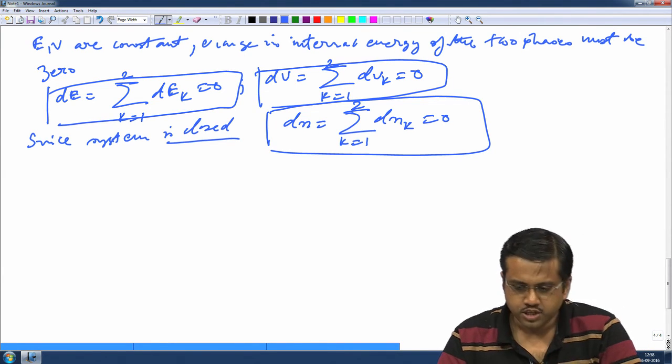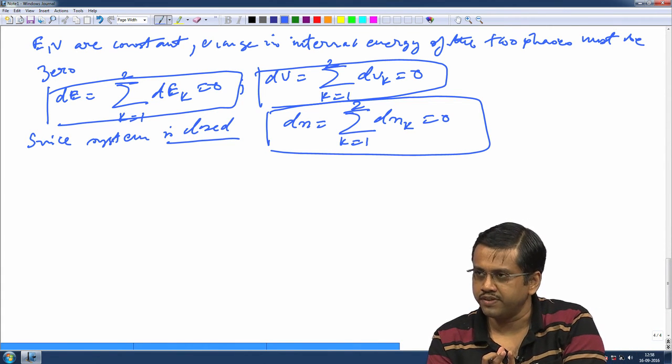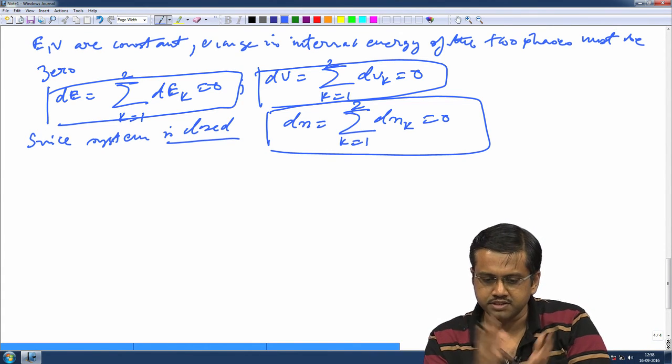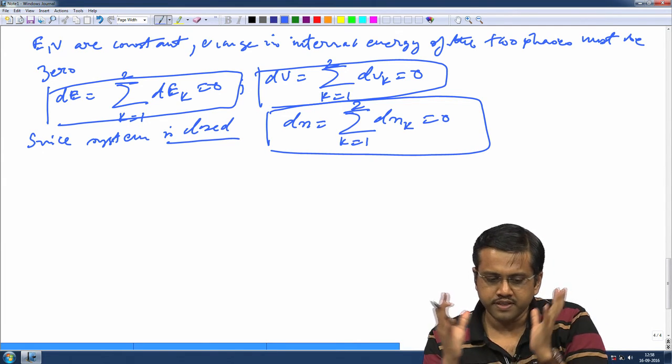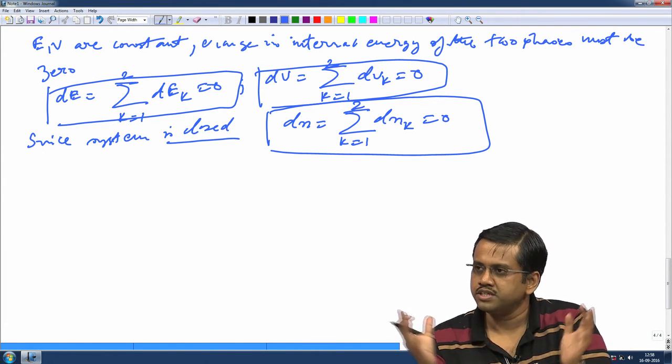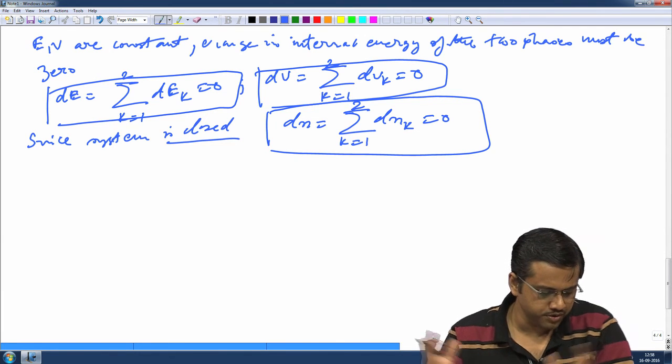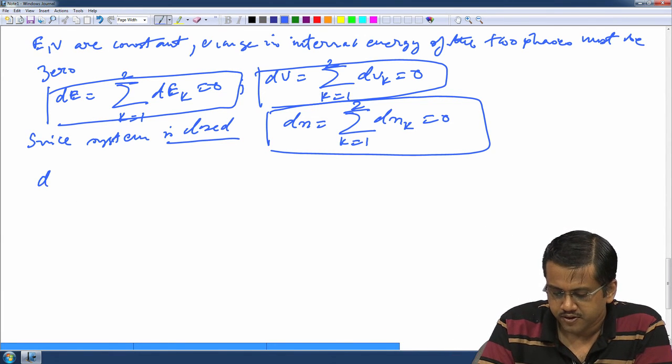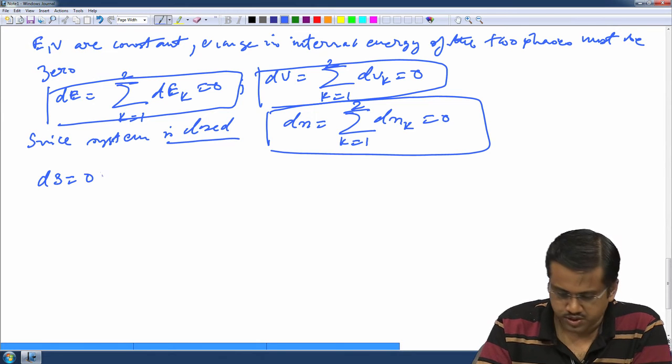Okay. So, if you combine all of these things together, the change in entropy is equal to 0, the change of internal energy is equal to 0, the change of volume is equal to 0, and the change of total number of moles is equal to 0. If you combine all of them, dS is equal to 0 essentially.